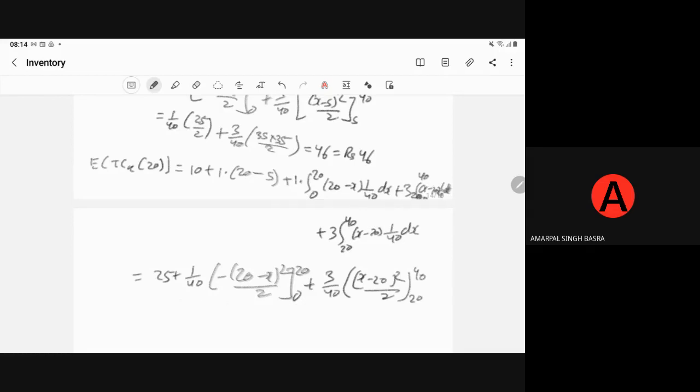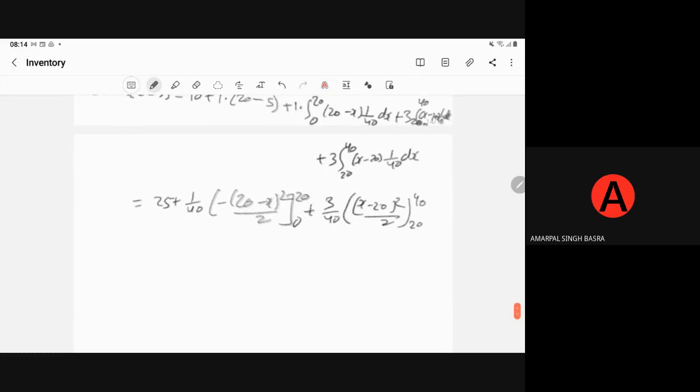So 25 plus 200/40 plus 3/40 into 200, so it will come to 45. So rupees 45.